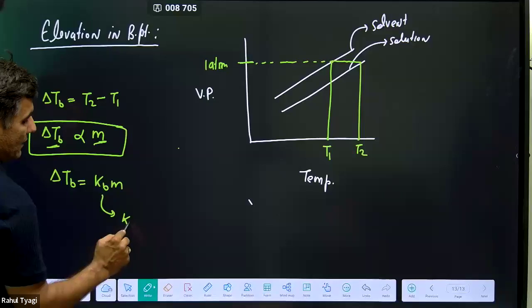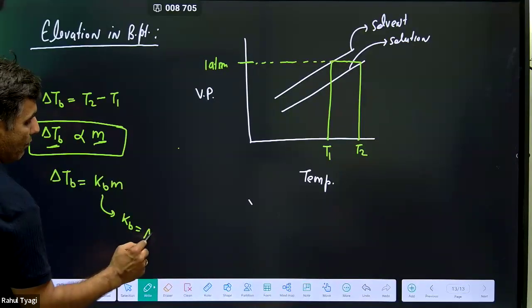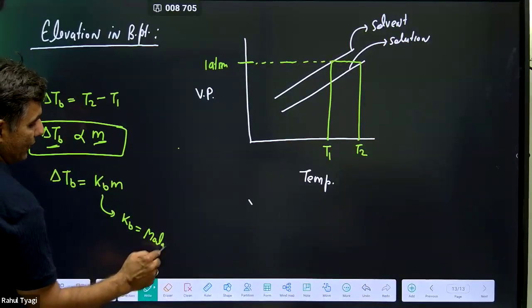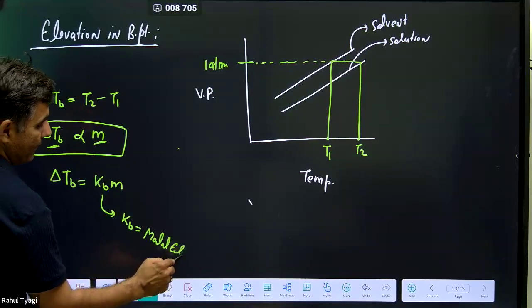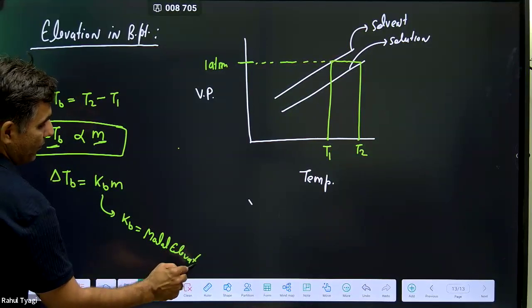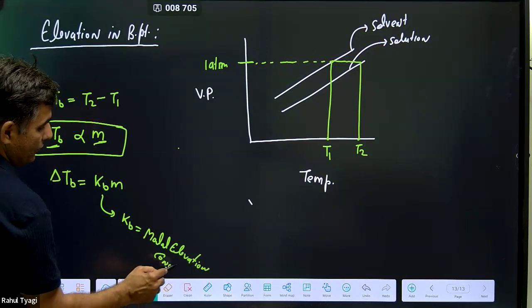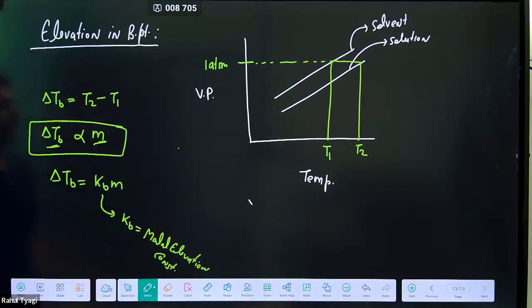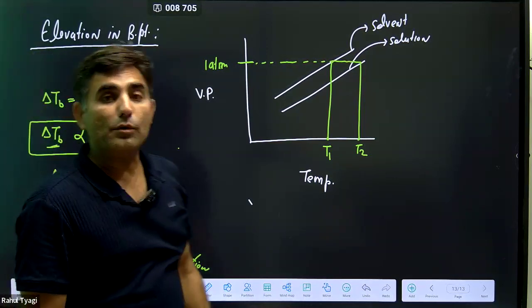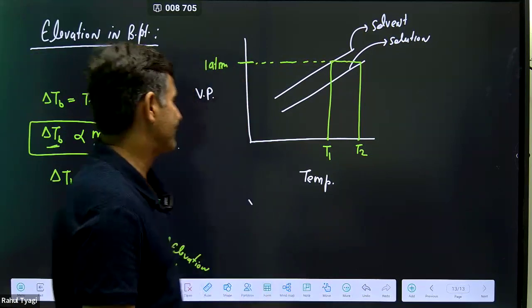where KB is the molar elevation constant. Got it? It is also called the ebullioscopic constant.